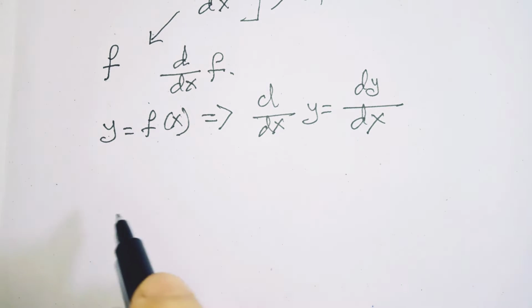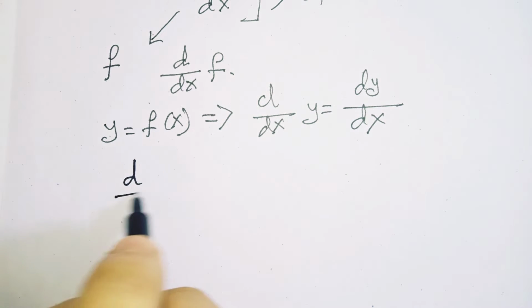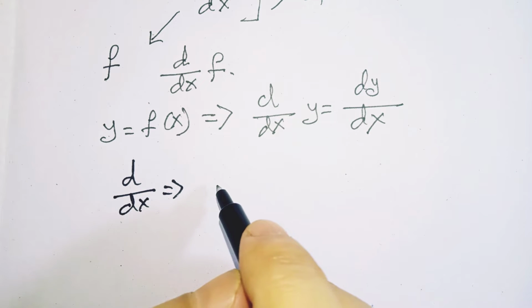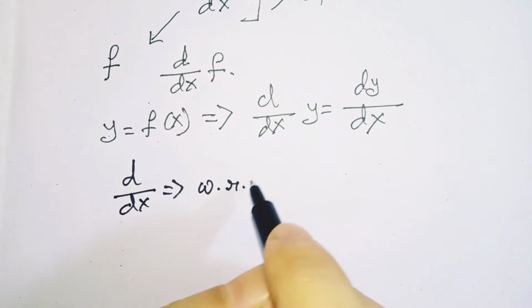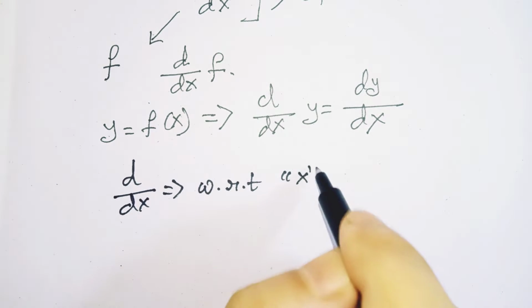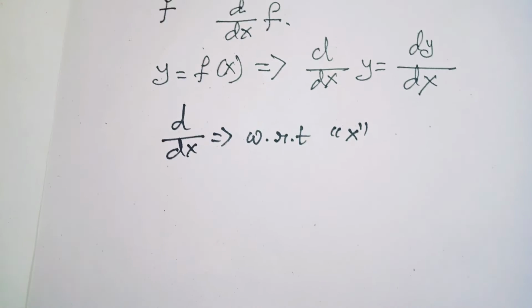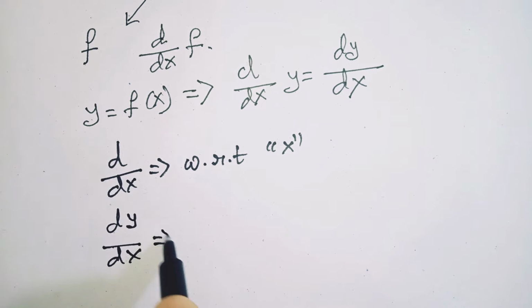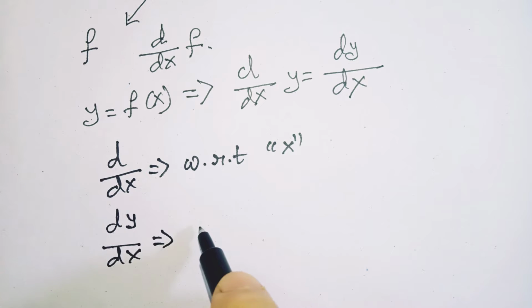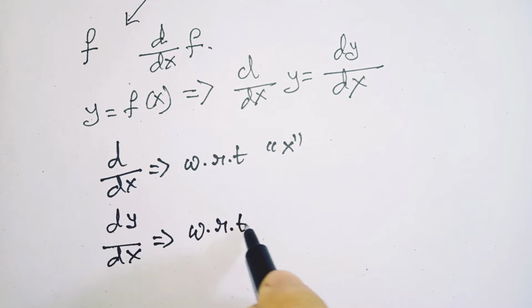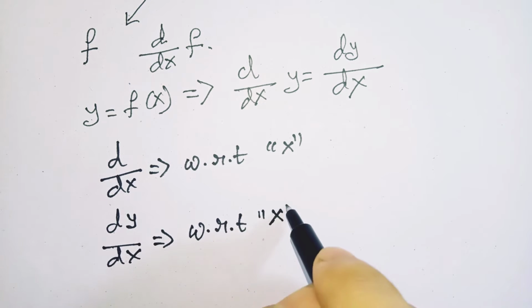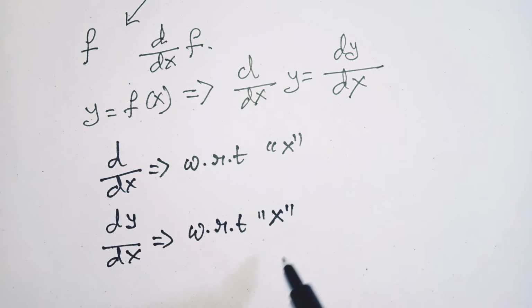So what we can write is that d by dx means differentiate with respect to x, whereas if I write dy by dx, this means differentiate y with respect to x.